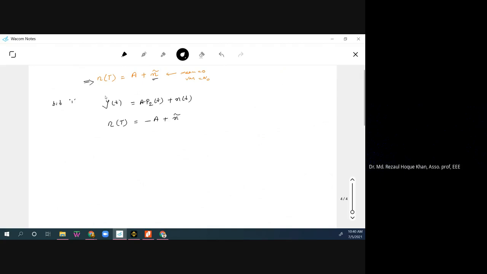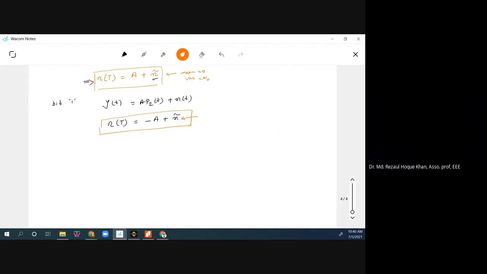Okay, so we have two equations, one for bit 0 and one for bit 1, with the same condition: this noise also has mean 0 and variance N0.